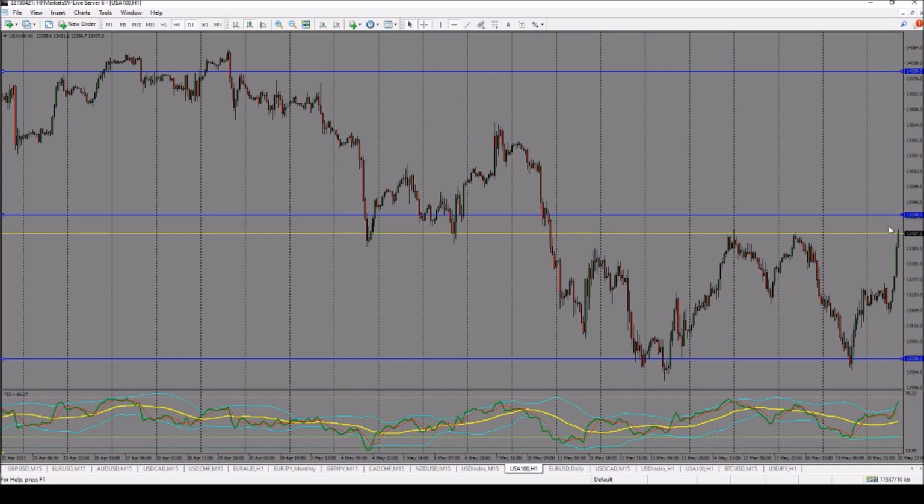Our next thing is to see how the market is going to react at this quarter level. Is it going to issue a setup below this quarter level, or is it going to break and then issue a setup to continue going up? We do not know. We only react to what the market has given us. That's basically what we do on the quarters theory.